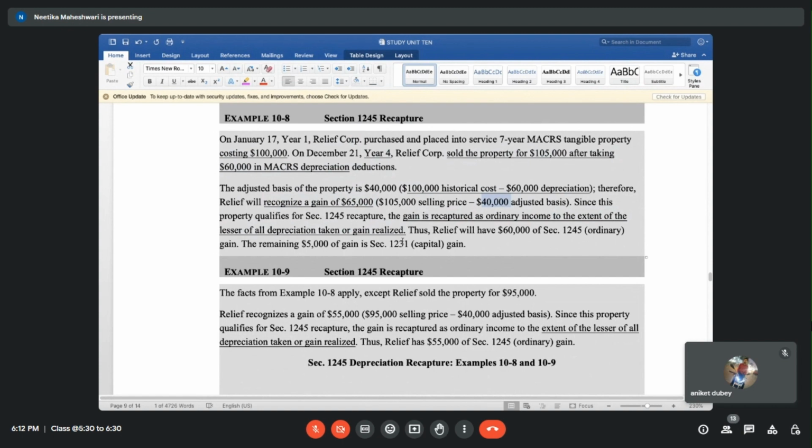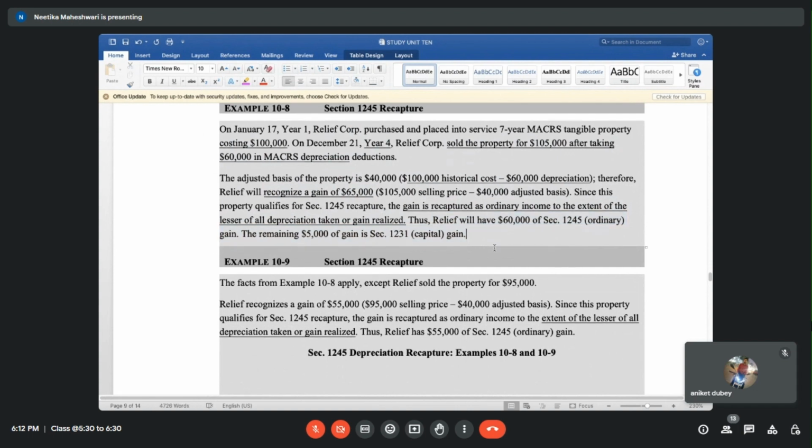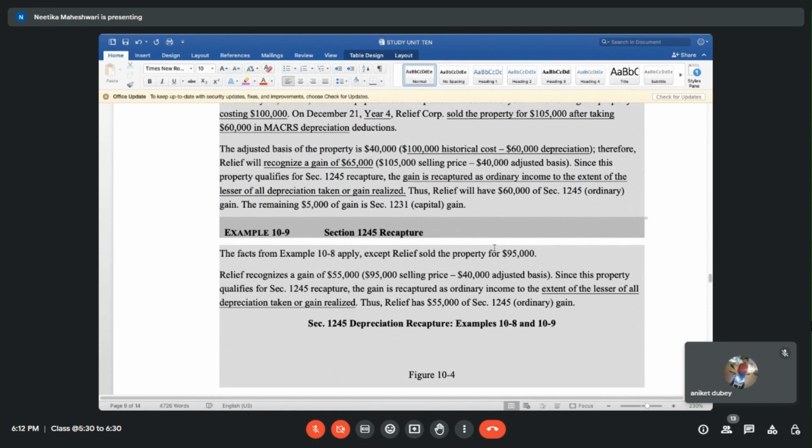So you'll take 60,000 as a section 1245 ordinary gain, and the balance, 5,000, that is 65 minus 60, will be capital gains. Yes, it's very important to know because we don't want to make any mistake here. 60,000 at capital gain rate will be a completely different number. 60,000 at ordinary gain rate is going to be quite significantly higher in terms of tax liability.